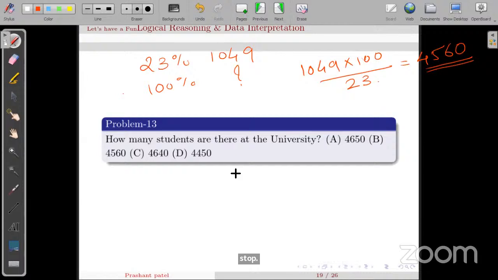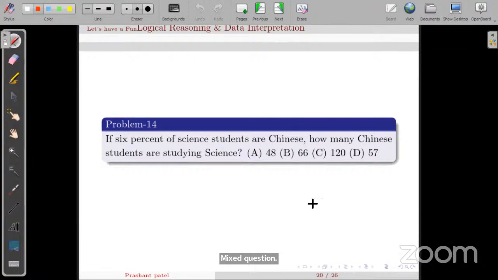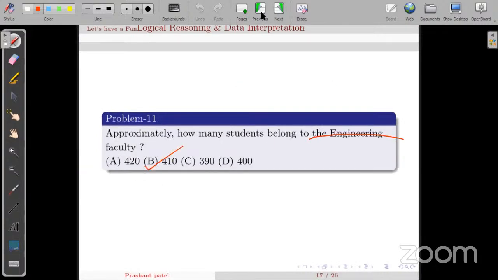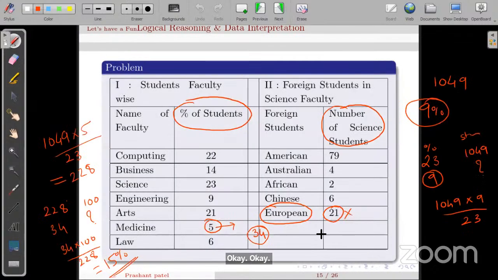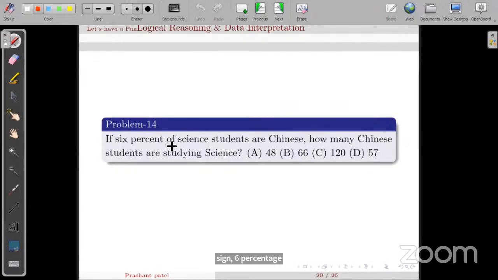So now, next question. If 6% of science students are Chinese, how many Chinese students are studying science? तो टेबल निकालो फार वापस. एक्चुअली जरूरत तो नहीं है लेकिन तो भी. सो यहाँ पे what we have given is 6% of science students are Chinese.